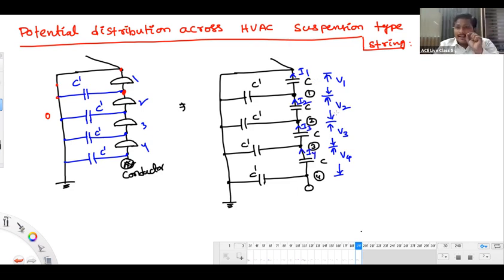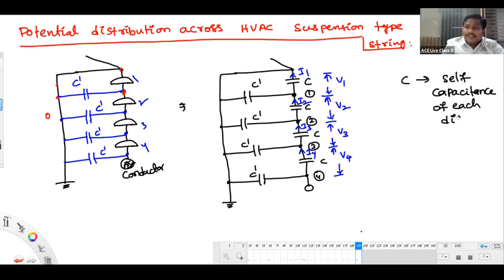See what we have here. C we can call the self-capacitance of each disk, or you can say each unit.